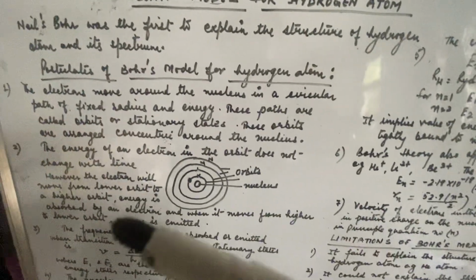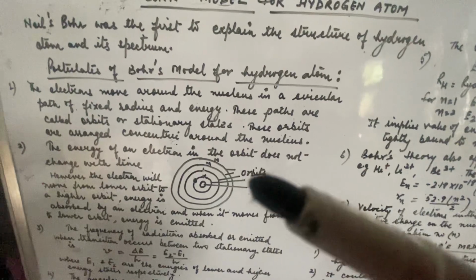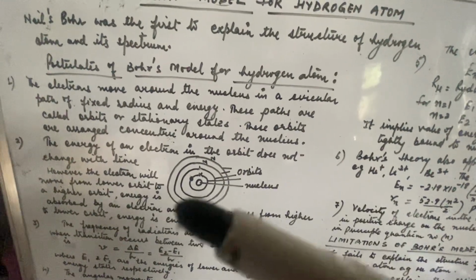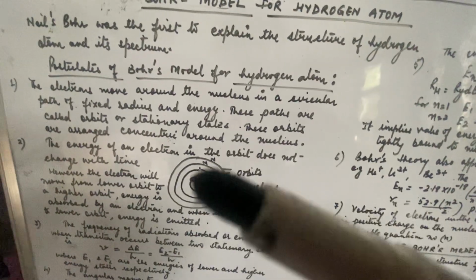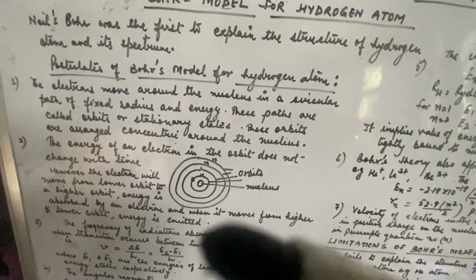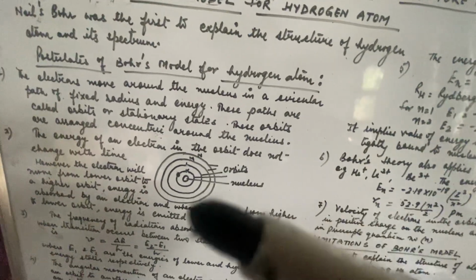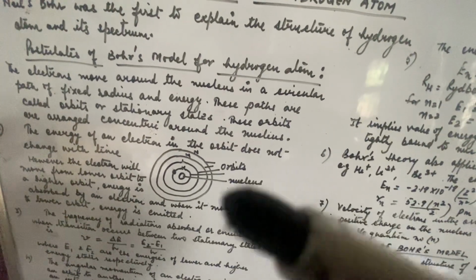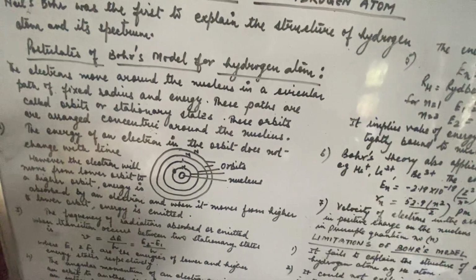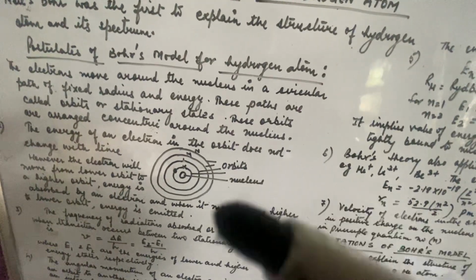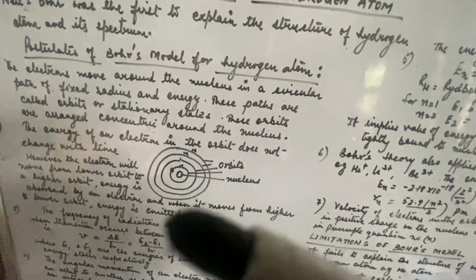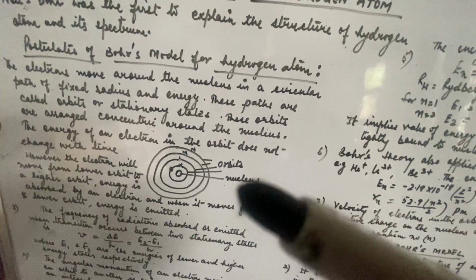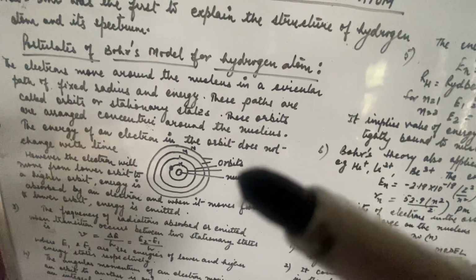So the energy of an electron in the orbit does not change with time. As far as the electron is in the same orbit, it will not emit any kind of energy or absorb any energy. But if it changes its orbit, it moves from lower to higher or higher to lower, then it will absorb some radiations or emit some radiations, and that will also be fixed.